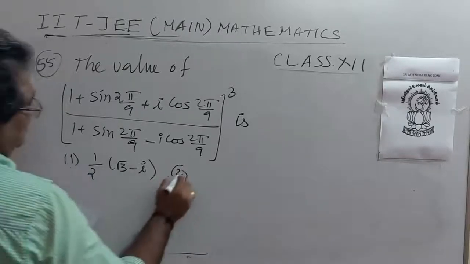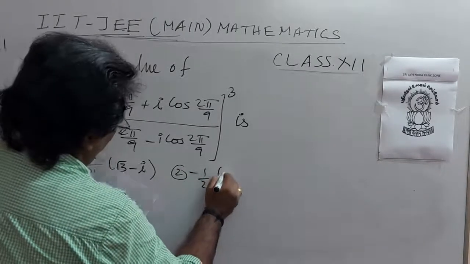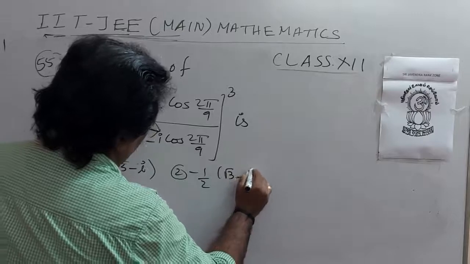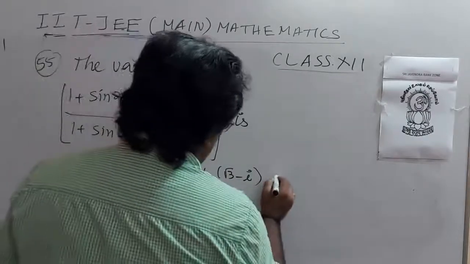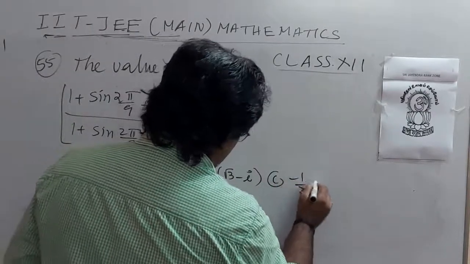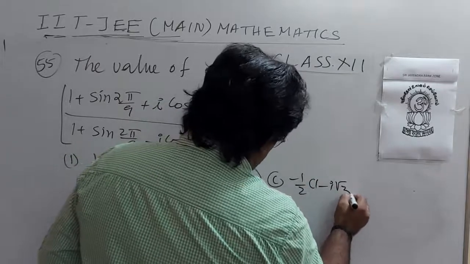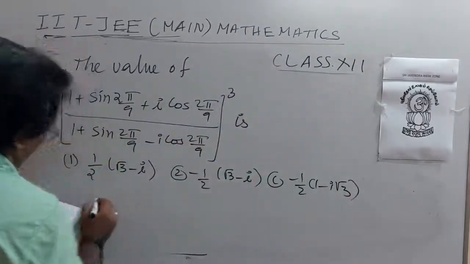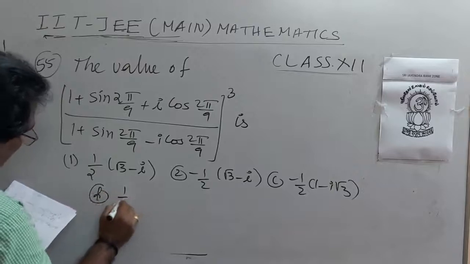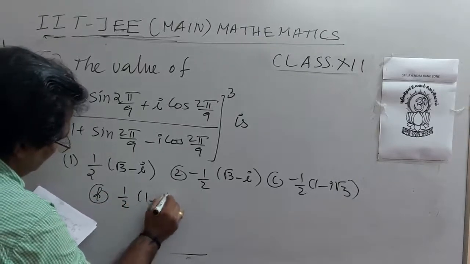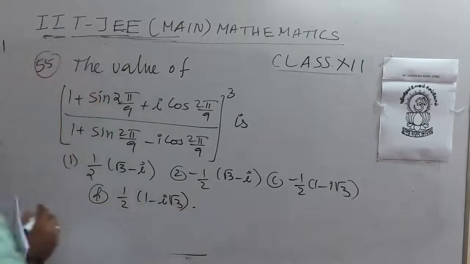Second option minus 1 by 2 (root 3 minus i). Third option minus 1 by 2 (1 minus i root 3). Fourth option 1 by 2 into (1 minus i root 3).